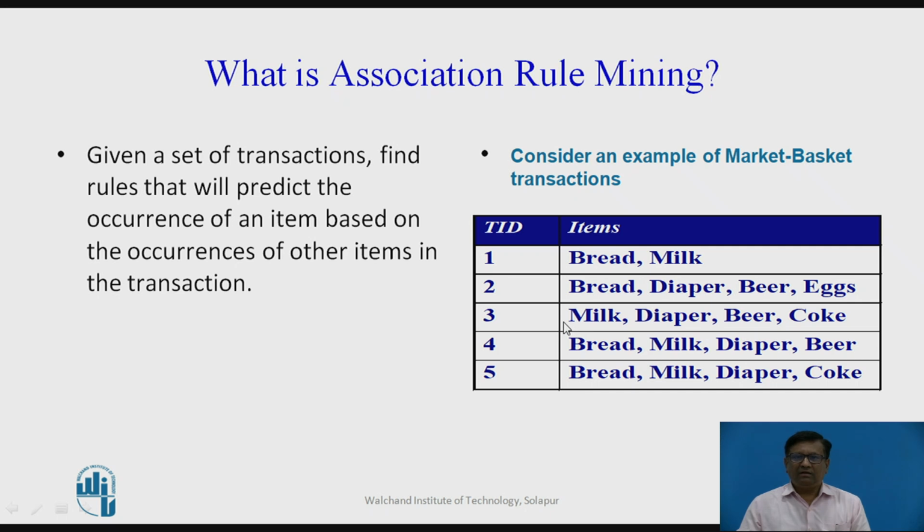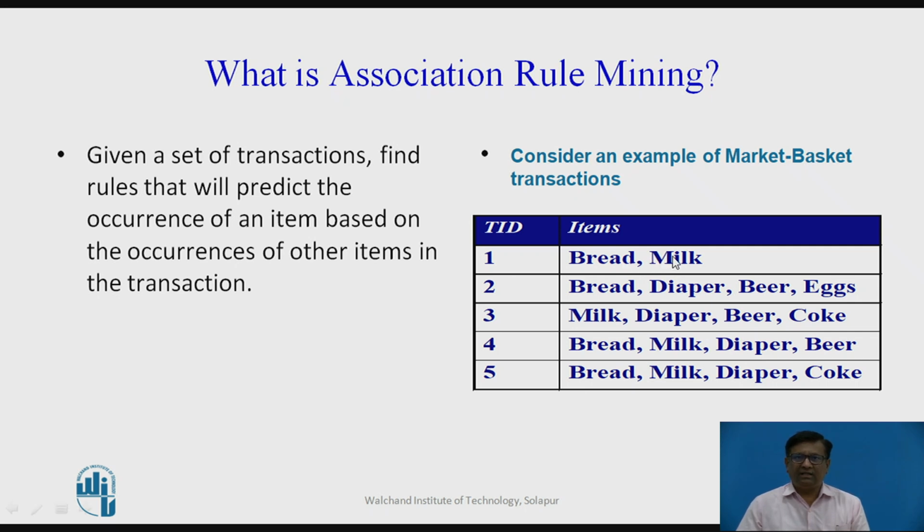Similarly, all 5 transactions have different atoms, and we have to find the rule that will predict the occurrence of an atom based on the occurrences of other atoms in the transaction. For example, whenever you find bread, there is an associated atom called milk. Not necessarily in every transaction, but in most of them.